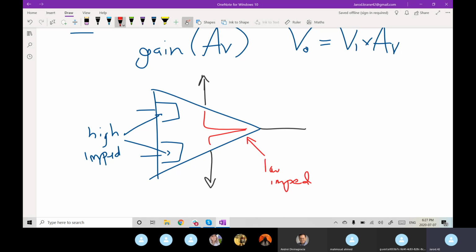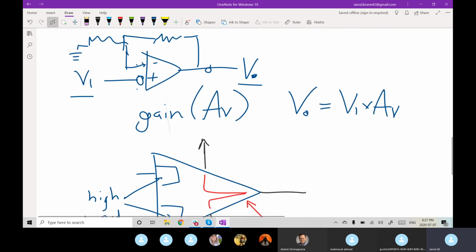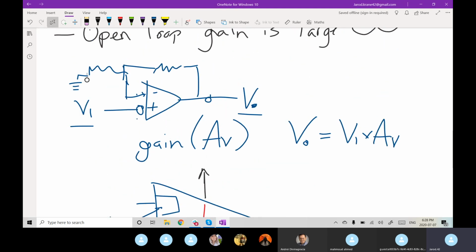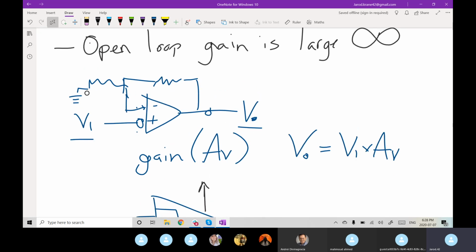The op-amp as a whole, based on this premise of having high impedance inputs and low impedance output, makes it so it doesn't impact the system as a whole. Because you can imagine in our quick diagram, these resistance values have to be very specific to get the certain amount of gain that we're looking for.